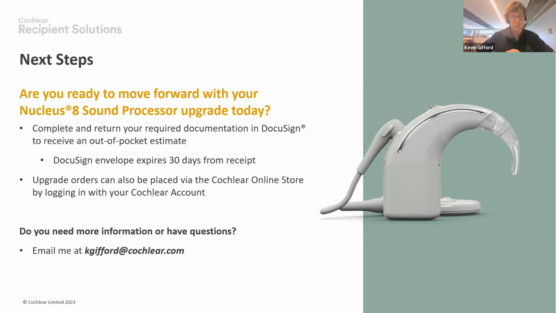Yeah, so number one is insurance is going to look at to see if your current processor is under warranty or out of warranty. If your current processor is under warranty, insurance will not approve the upgrade at that time. You'll need to wait until after the warranty expires. And then, medically necessary.